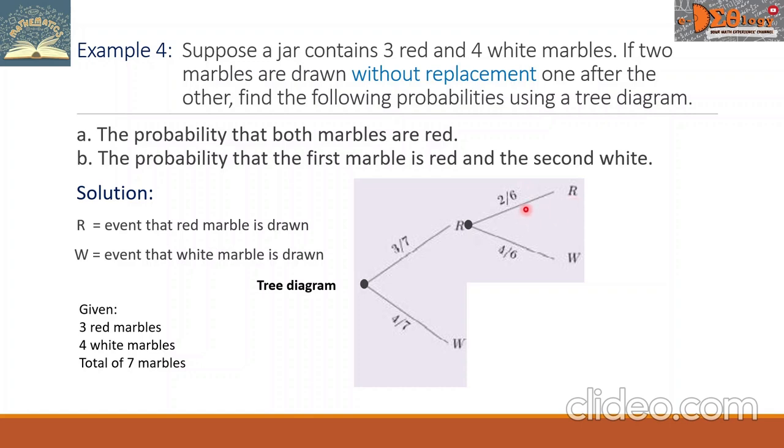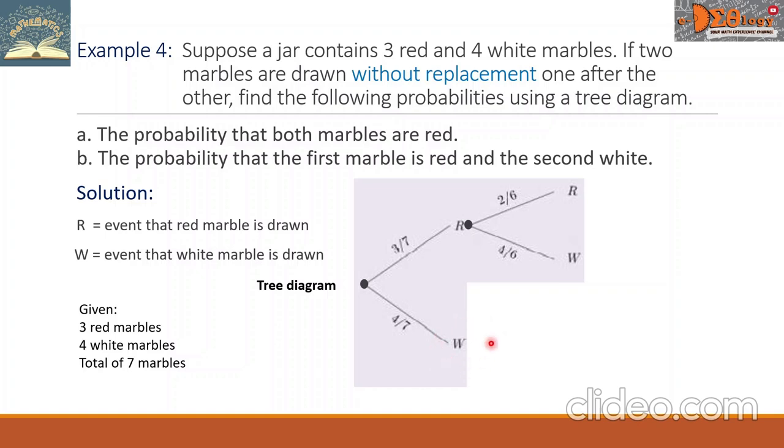So this is 2/6. Now for the white marble, the probability is 4/6. Remember that there will be 4 white marbles all over the total remaining marbles, which is 6. So 4/6.